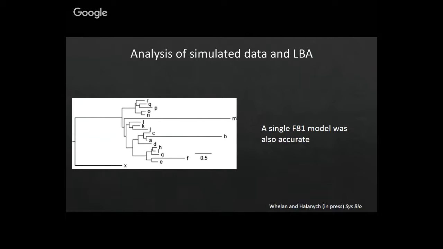This would seem to suggest that CAT-F81 is inferring incorrect branching patterns, while partitioning and CAT-GTR are inferring correct relationships. When a single F81 model is inferring correct relationships and CAT-F81 isn't, there seems to be something with the CAT aspect of CAT-F81 that is actually causing that error.